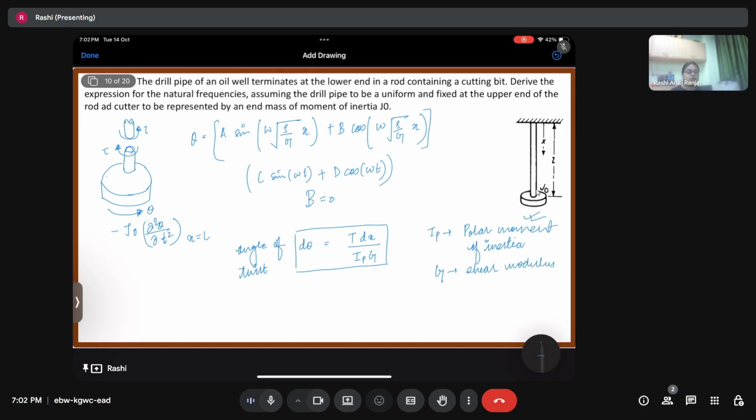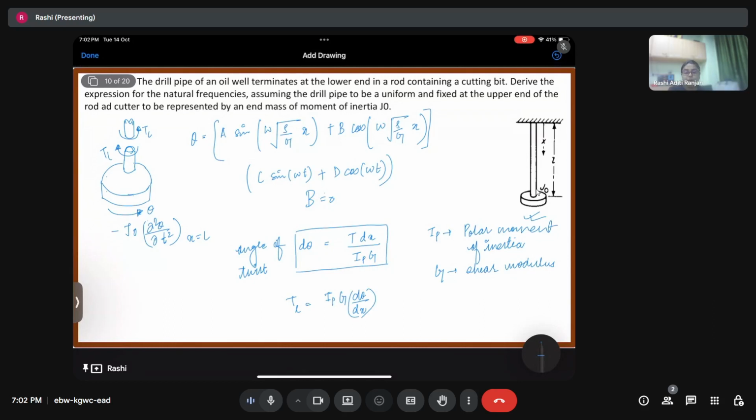Shear modulus. So this is what we are going to get. So then we can get T of L as what? Just write this as T of L equals IP into G into d theta by dx.